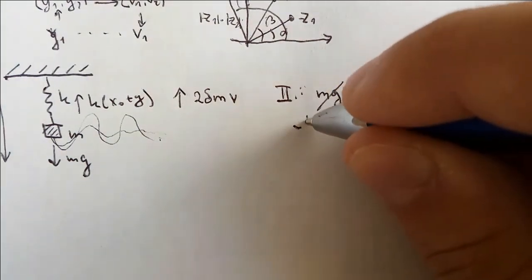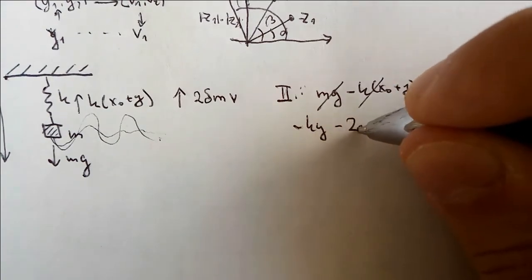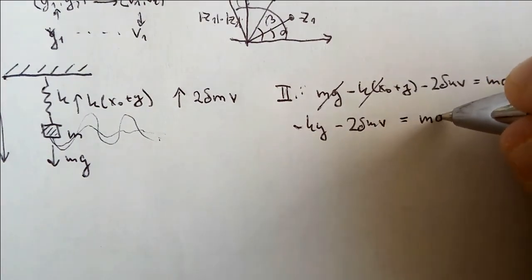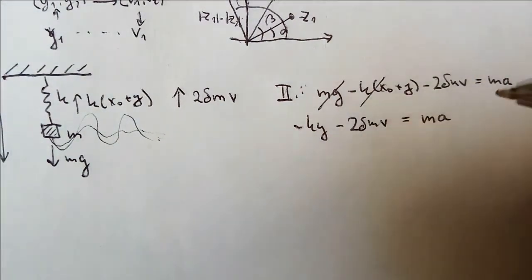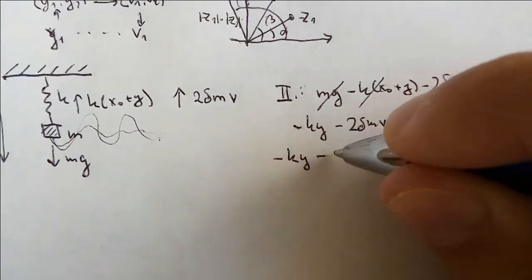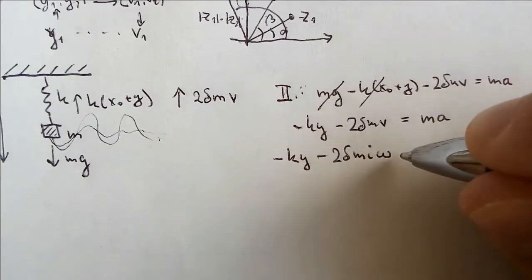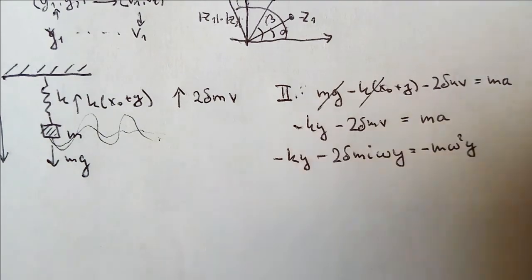So we have this equation: minus ky minus 2 delta m v is equal to m times acceleration. Then I will substitute our equations for velocity and acceleration, and we will get minus ky minus 2 delta m i omega y is equal to minus m omega squared y.